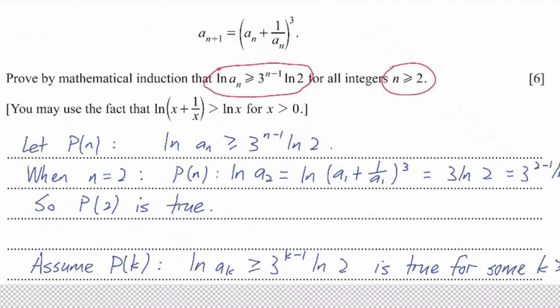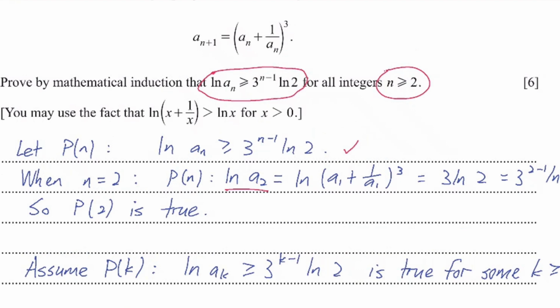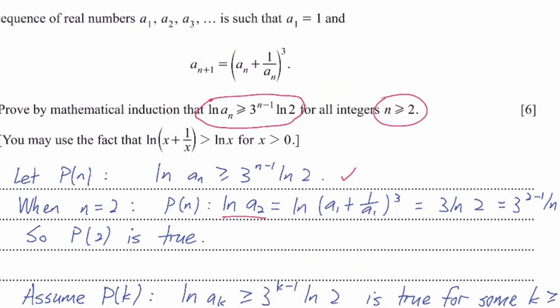Let P(n) be the statement, as usual. We first verify the first case, which is ln A2. We need to verify that it is greater than or equal to this.